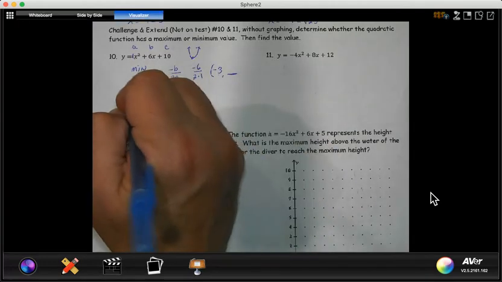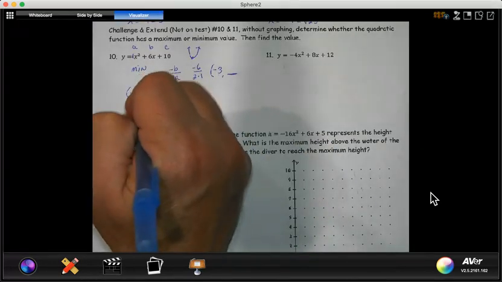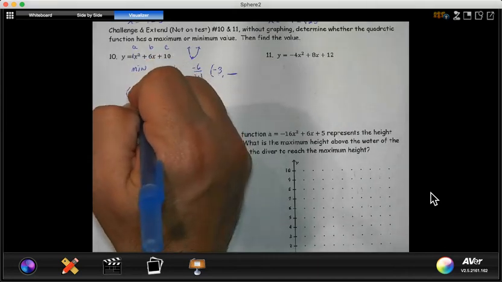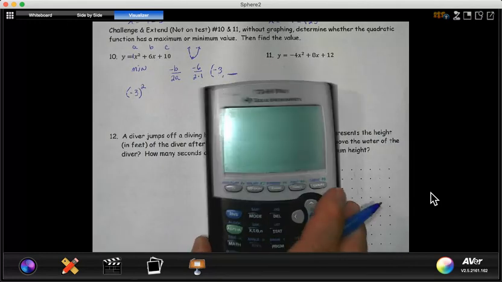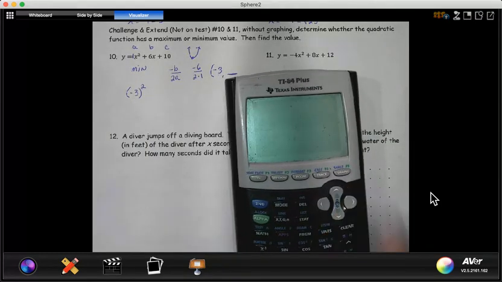So I have to take negative 3 and put it in parentheses. When you square a negative, it always goes in parentheses. I'll show you. Negative 3 times negative 3 is 9. What's negative 3 squared? Negative 9. What's parenthesis negative 3 parenthesis squared? If I square the parenthesis, 9. Pay attention to your calculations.